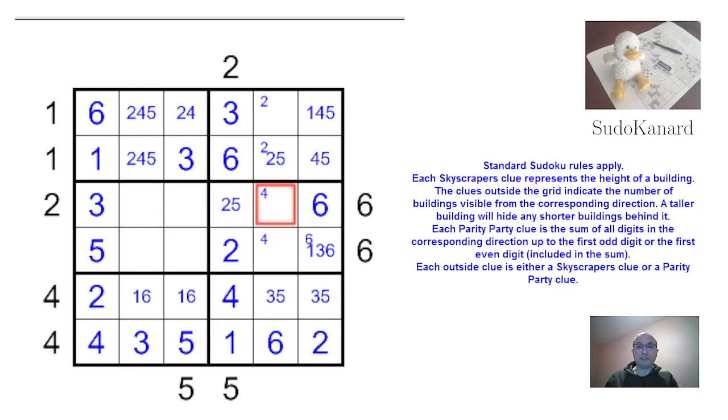Because 5 will be somewhere, 5 will be here, actually. Also, this 2 needs this to be a 5. So knowing that this is 2, we have a 1-3 pair here.